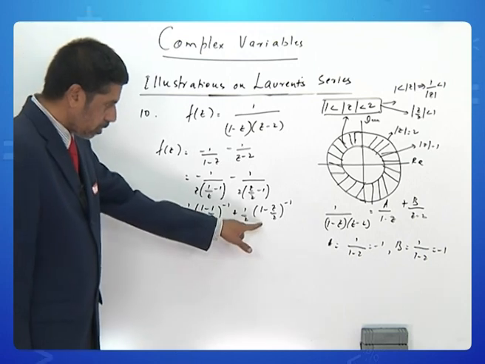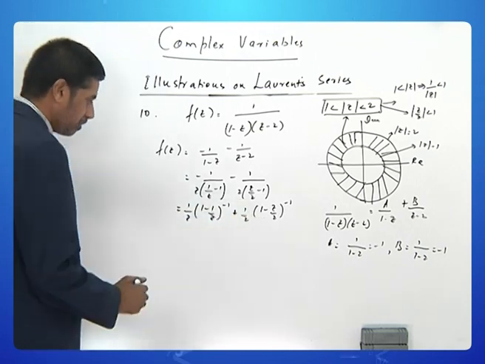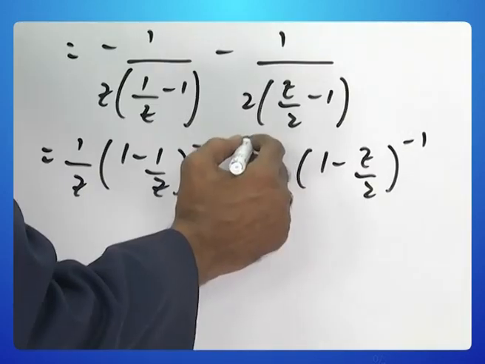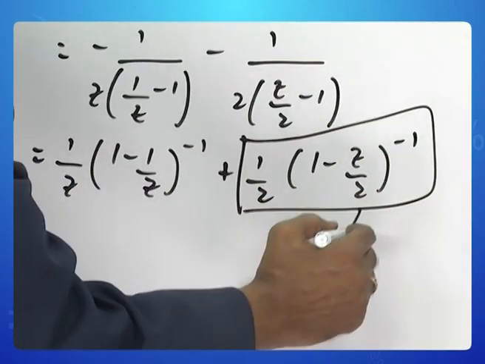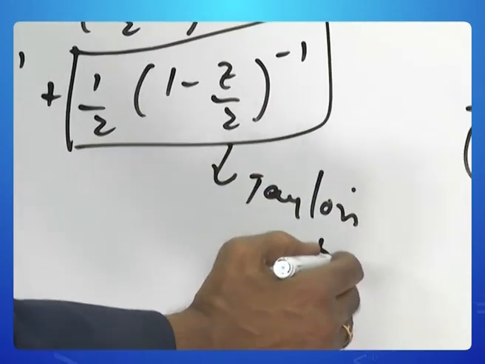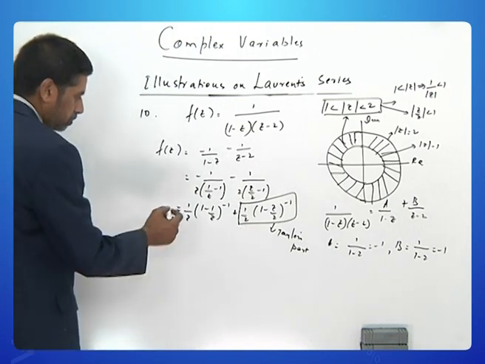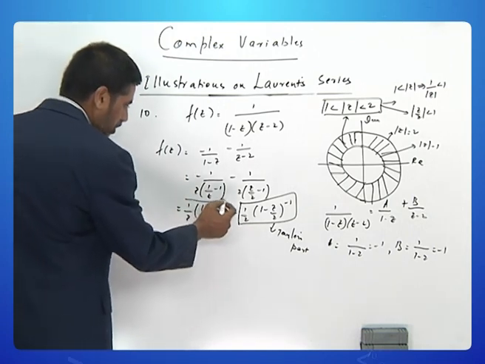If you look at the second block, you never get any negative powers of z here. So therefore, this produces the Taylor's part, and we are not interested in this because we are talking of principal part. So this is the principal part.